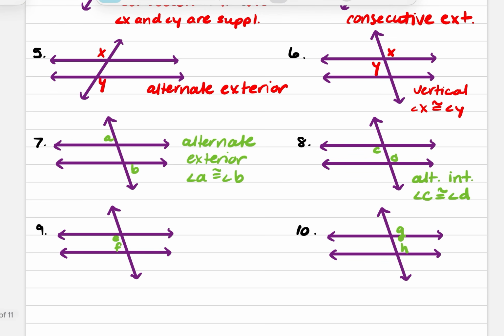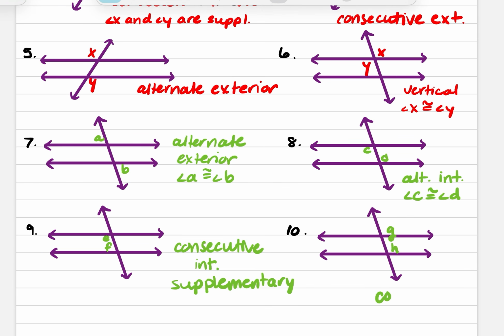E and F are consecutive interior. They will be supplementary. And G and H are corresponding. And those will be congruent.